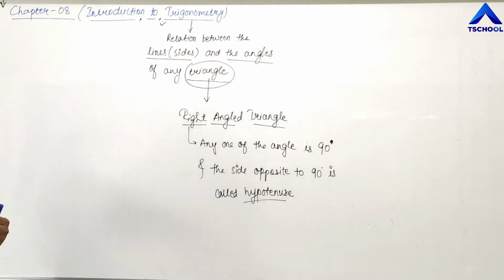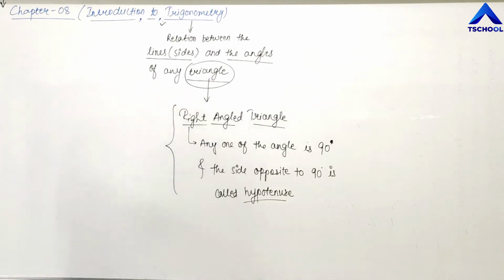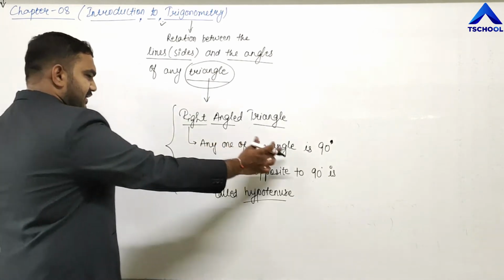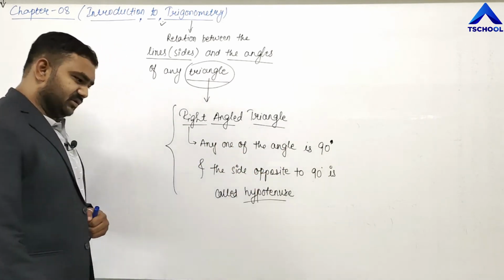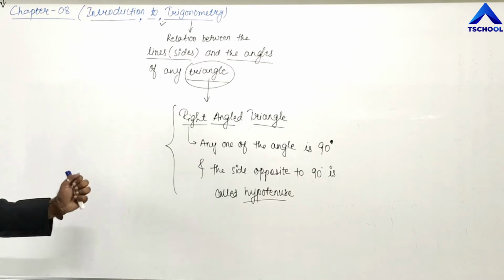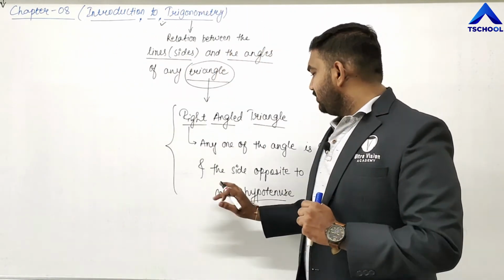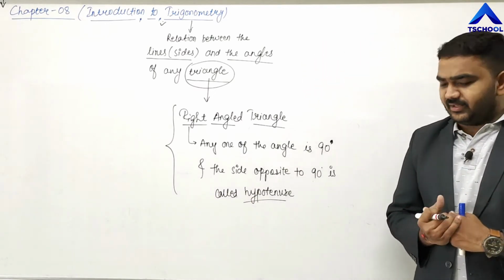Right? This is the right angled triangle. So this is the basic description of a right angled triangle: any one of the angles is 90 degrees and the side opposite to the 90 degrees is known as the hypotenuse. So in this chapter, friends, we are going to deal mostly with right angled triangles only.